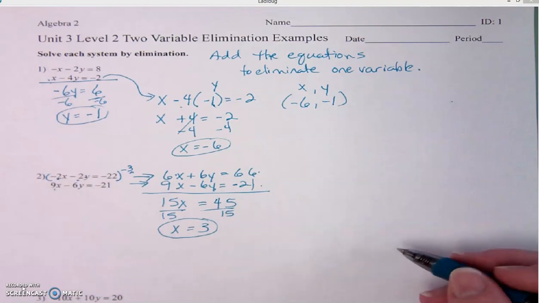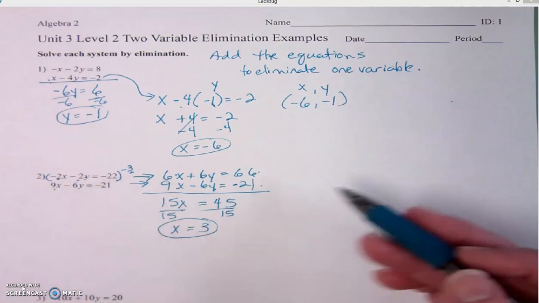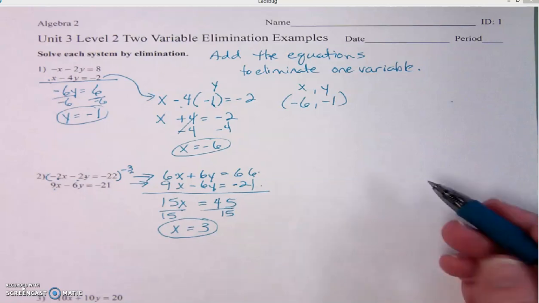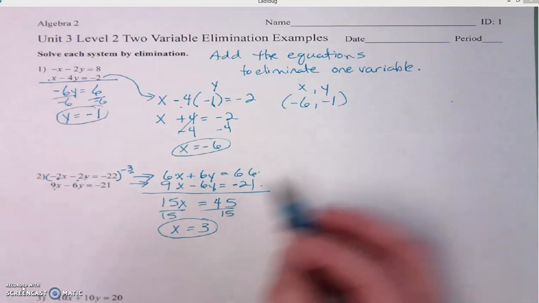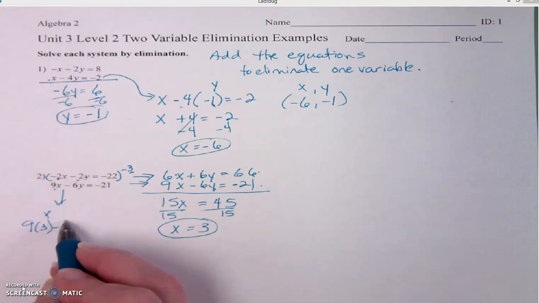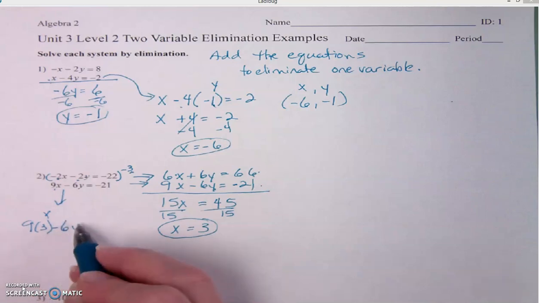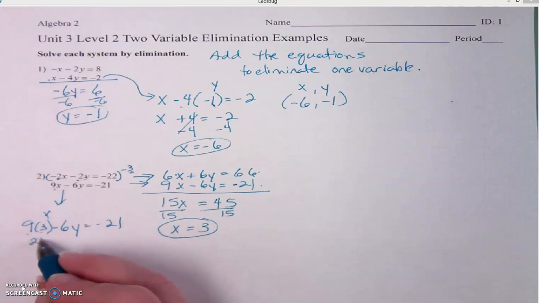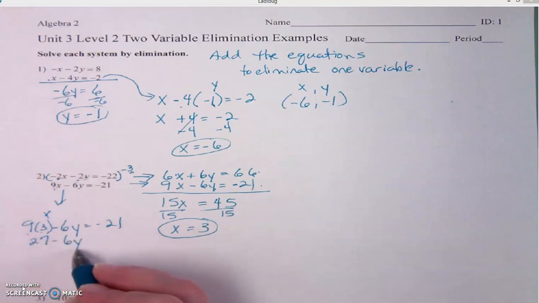Now I need to find out what y is. I can use either one of these first two equations. Say I did the second equation. I'm going to rewrite my second equation. 9 times my x, which is 3, minus 6y equals negative 21. 9 times 3 is 27, minus 6y equals negative 21.